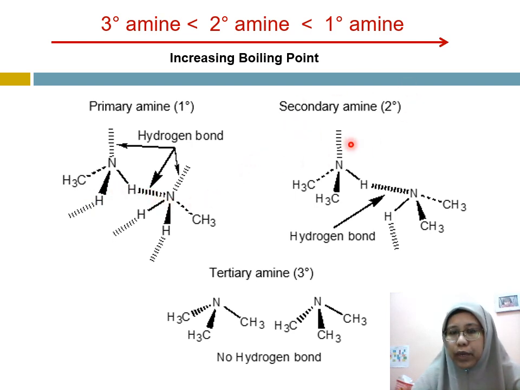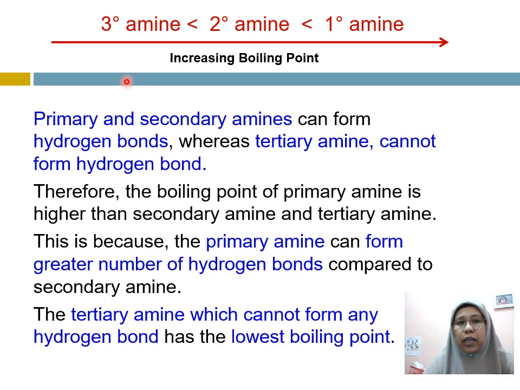But secondary amine would have a lower boiling point because it can form less hydrogen bonding compared to primary amine. So you have to compare all of this between compounds that have similar molecular weight. Okay? So in conclusion, we would have a higher boiling point for primary amine because it can form more hydrogen bonding compared to secondary amine, but tertiary amine cannot form any hydrogen bond at all, so it has the lowest boiling point.